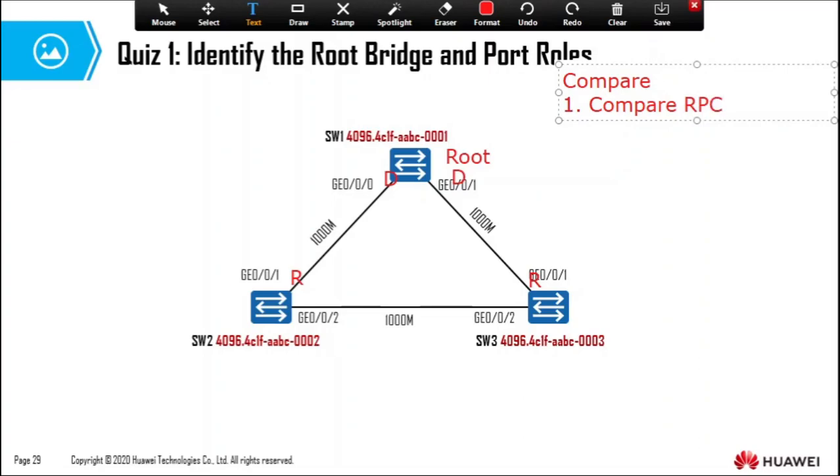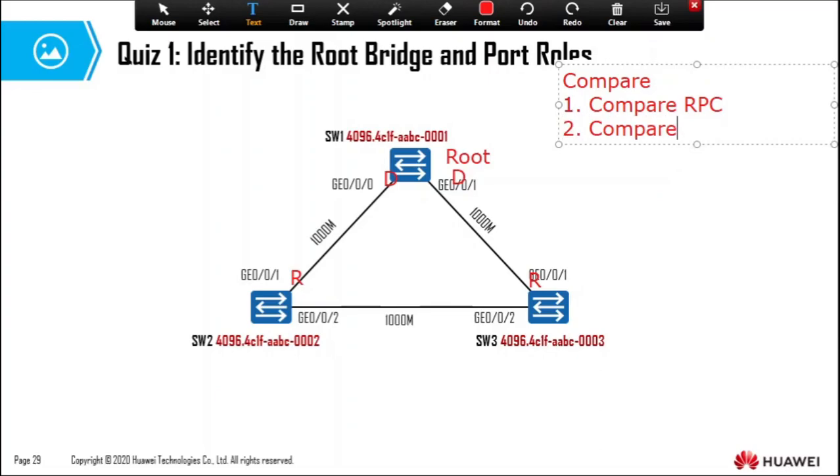The RPC for both interfaces is the same, since all of them are gigabit Ethernet. Is that correct? So then we need to go to the next one.